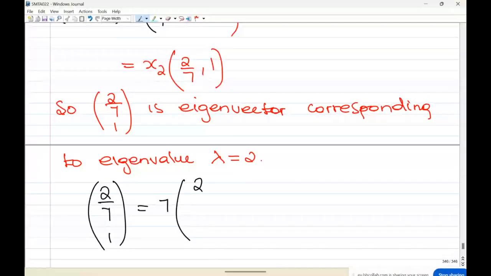If you take out 1 over 7, then 2, and then here you'll have 7.